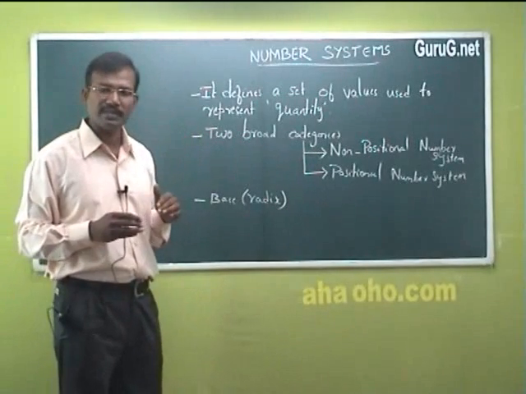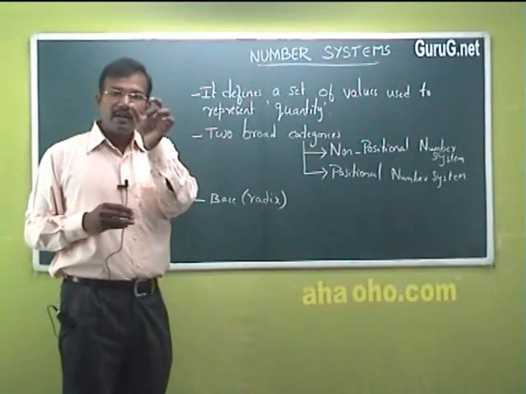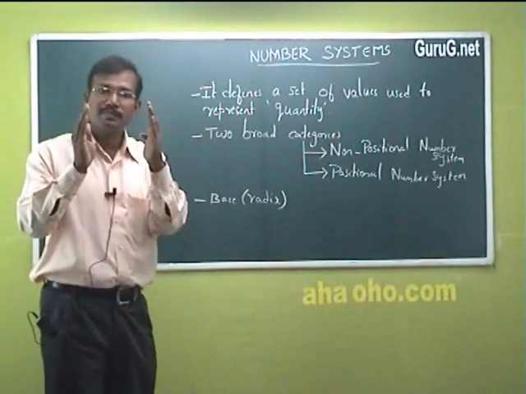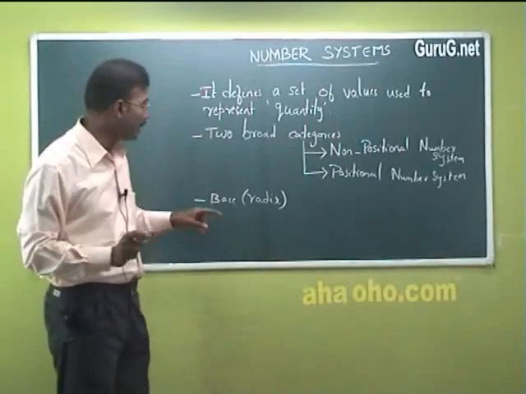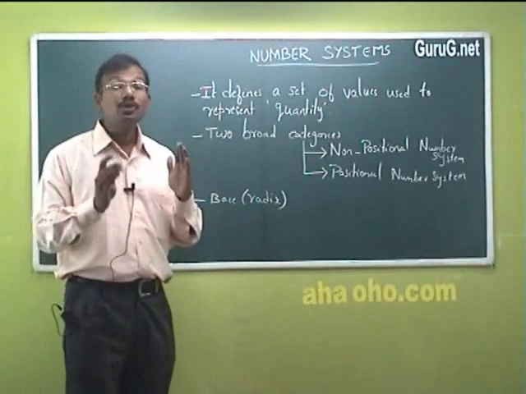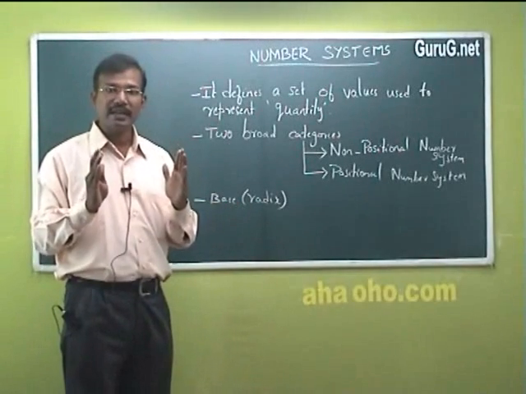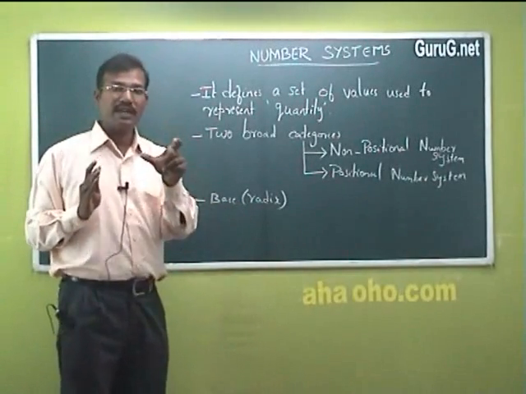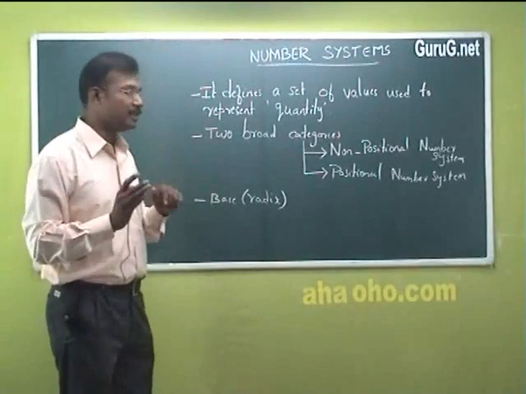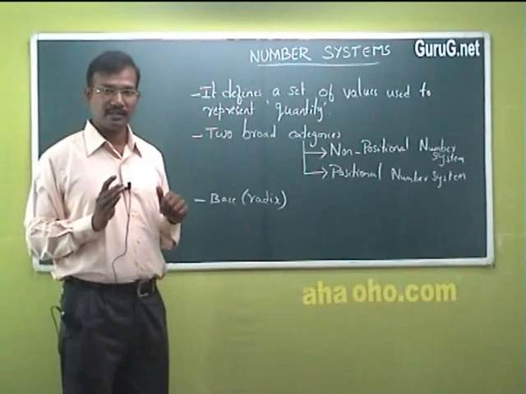When we discuss number systems, the vital part is that a number system is classified based on a particular thing called base or radix. What is base? The total number of discrete symbols used in a number system is identified by this base or radix.